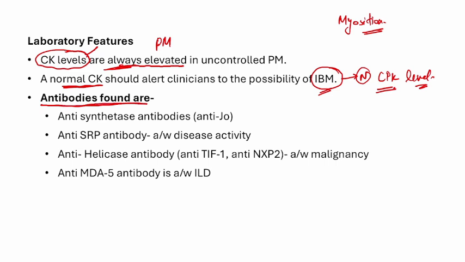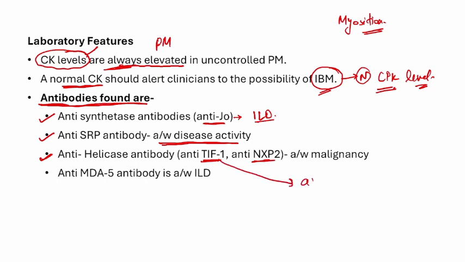Antibodies. This is something which we need to mug up. First is the anti-synthetase antibody. Anti-Jo is most commonly involved. It is also associated with ILD. If anti-Jo antibody is found, the risk of ILD is very high. Anti-SRP antibody is a marker of disease activity. Anti-helicase antibody. Two are the most important: anti-TIF1 and anti-NXP2.